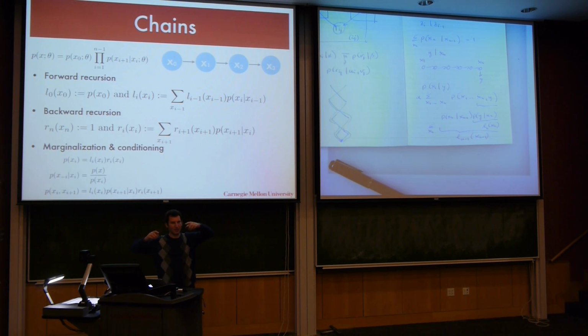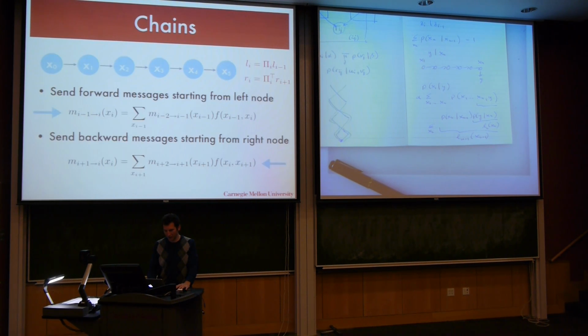And that's just the left message times the right message, because you summed over everything to the right and everything to the left, so this is the only one left over. Or you can ask for pairs of variables. This is going to be very useful once we do hidden Markov models.